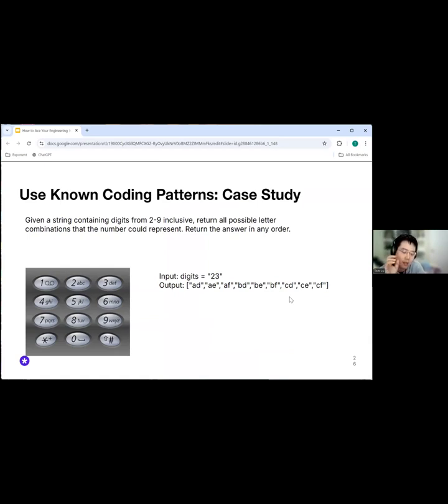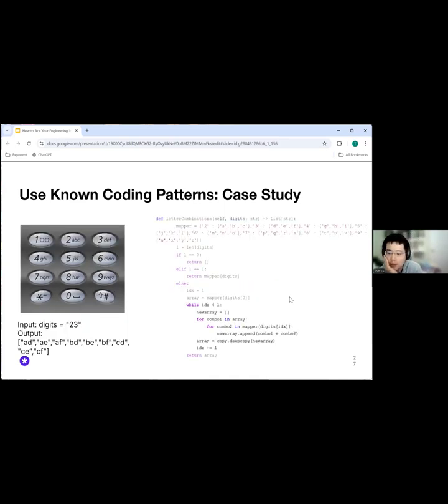If we look at the telephone panel on the left-hand side, we see the digit 2 maps to 3 characters, A, B, C, and the digit 3 maps to another 3 characters, D, E, and F, right? So if the input digits are 2 and 3, we have 3 by 3 combinations. Therefore, the output starts with AD and ends with CF. Okay.